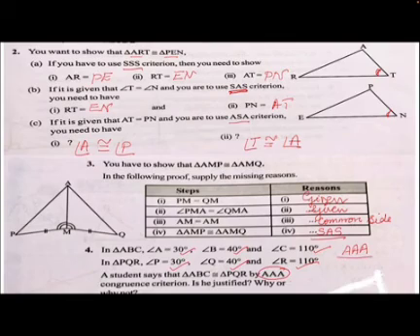Just like SSS, we do not have AAA rule because if I draw two triangles, I can call this 60, 60, 60. I can draw one more equilateral triangle. This is equilateral triangle. One more equilateral triangle with different measures. Again, these are 60, 60, 60. Suppose this is 3 centimeter each.